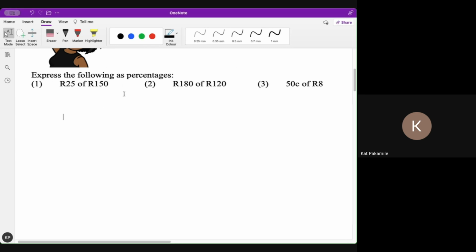I have a bunch of financial questions here where we need to express the following as percentages. Now I'm going to change the actual questions, because I have a problem with the way it is stated here.